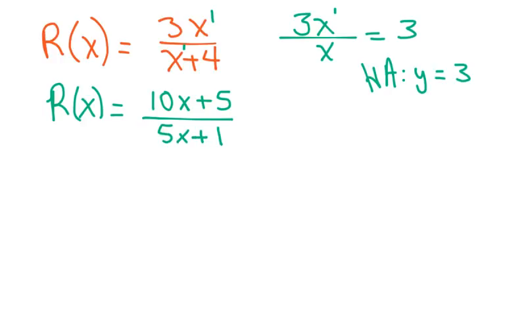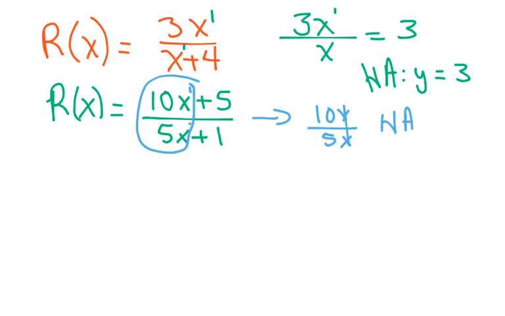Okay? The degrees are the same. And so if I take these two here and divide, you get 10x over 5x. That cancels, so my horizontal asymptote would be y equals 2, because 10 divided by 5 is 2.